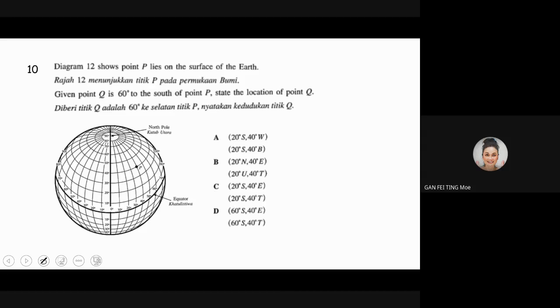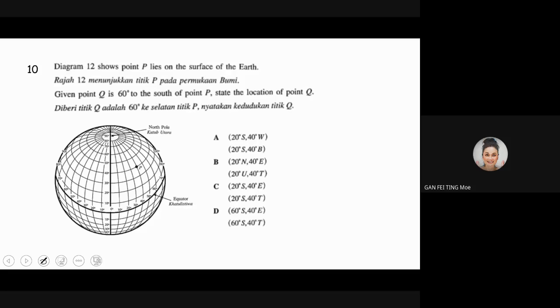See how fast you can get this. Time is running. 30 seconds already. C will be your answer.